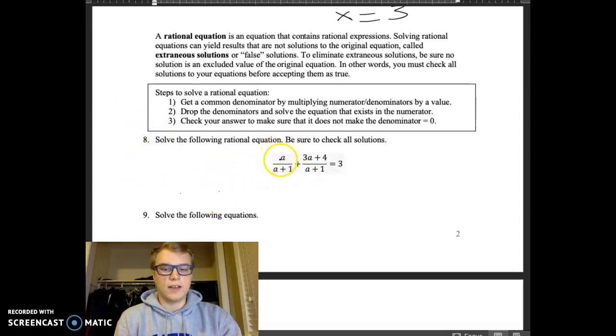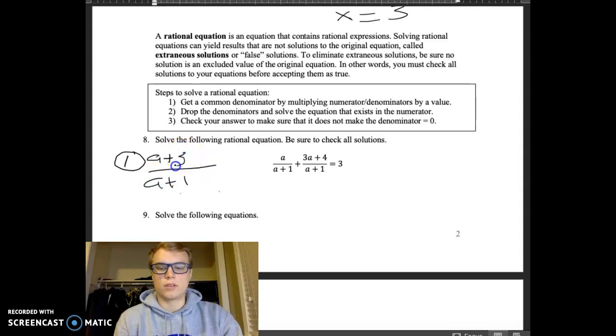We have a over a plus 1 plus 3a plus 4 over a plus 1 equals 3. So we have the common denominator here, and we just have a whole number, which makes it really easy to find our common denominator. Okay, so step 1, common denominator. So in this case, we have a, and I'm going to just combine this left side already.